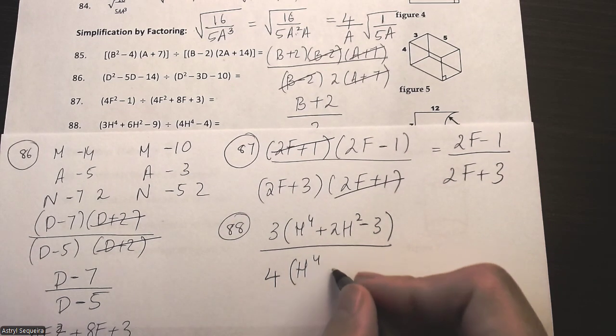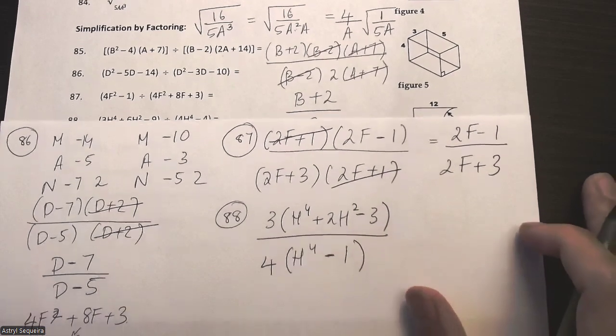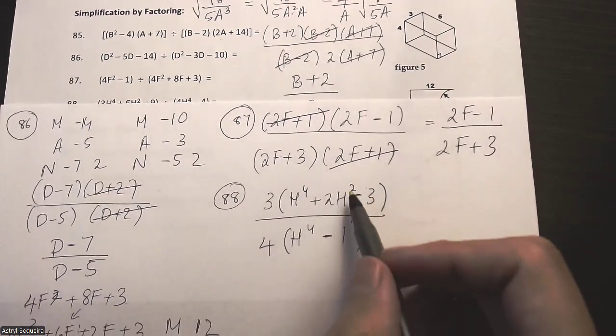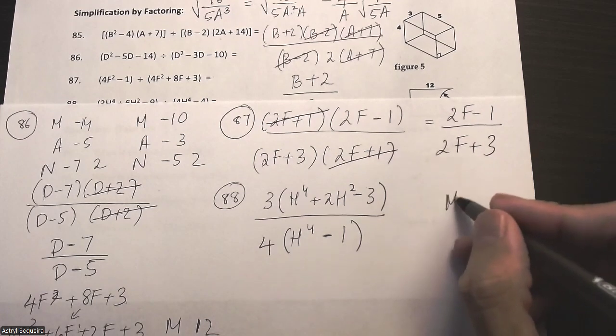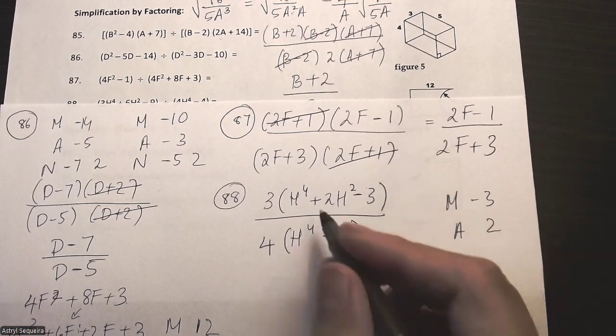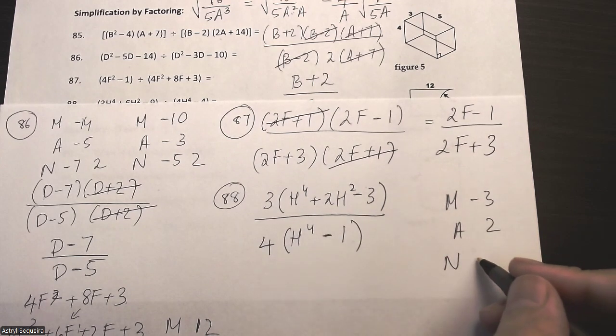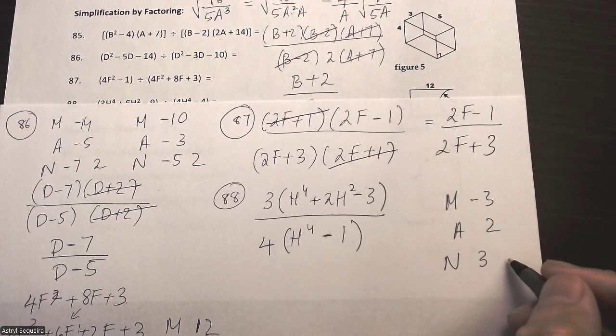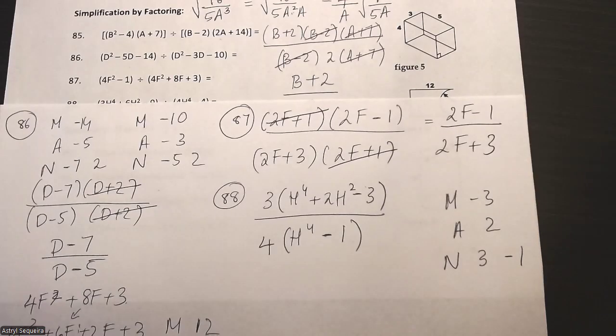Left with h^4 minus 1. I can actually factor both of these further now because that's a simple trinomial. So what multiplies to negative 3 and adds to positive 2? My two numbers are 3 and negative 1.